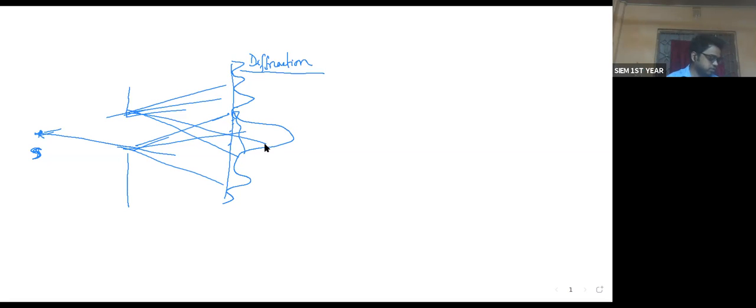Before that, let us discuss the types of diffraction. There are two types of diffraction.